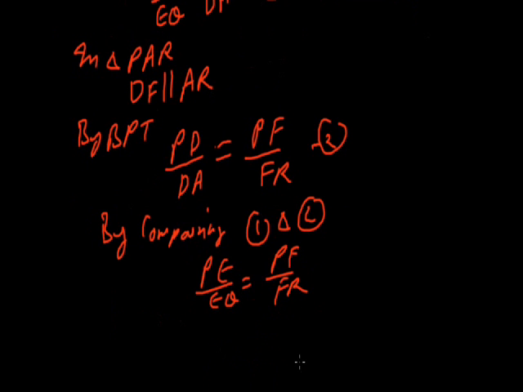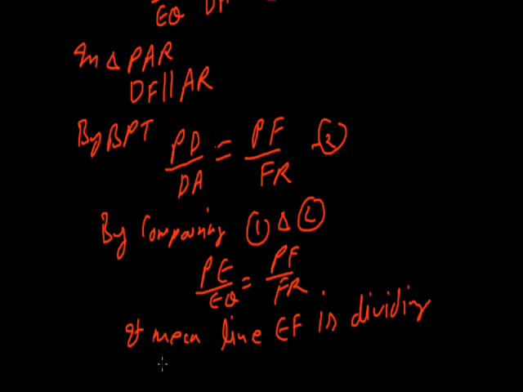Now as the ratio of these two sides are equal, it means the line EF is dividing PQ and PR in the same ratio.